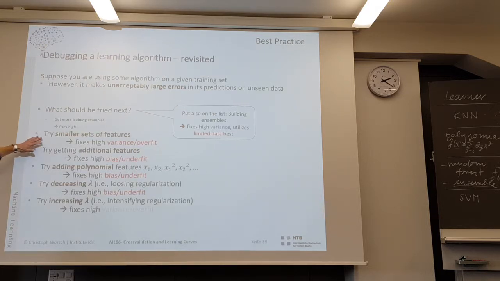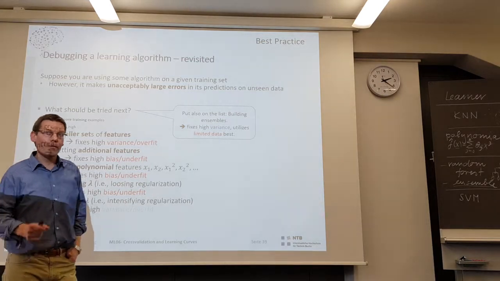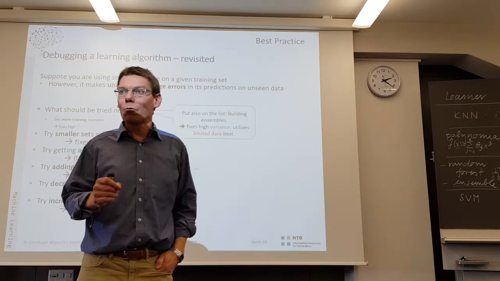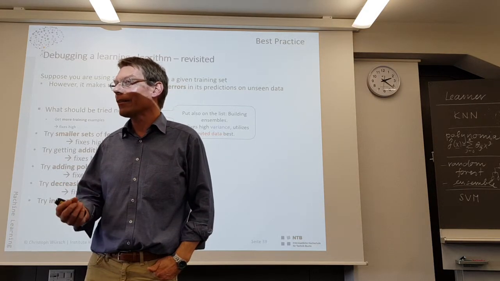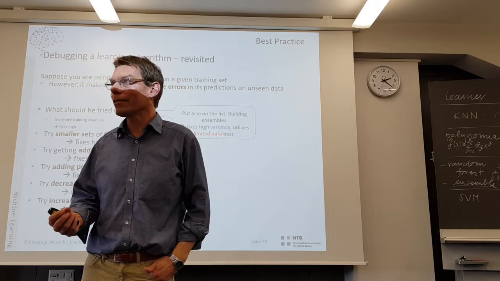Here is a little bit of a hands-on summary of what you can do if you look at these learning curves. Suppose you're using some algorithm on a given training data set, but it makes unexpectedly large errors. The first thing is, what nature are these errors? Is it high bias? Is it variance? Is it both?